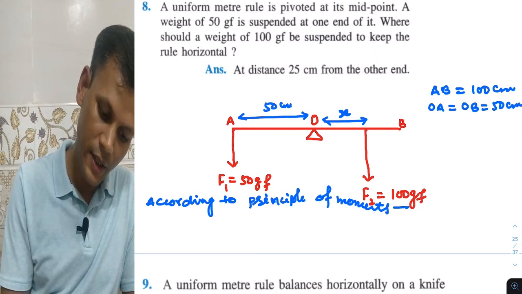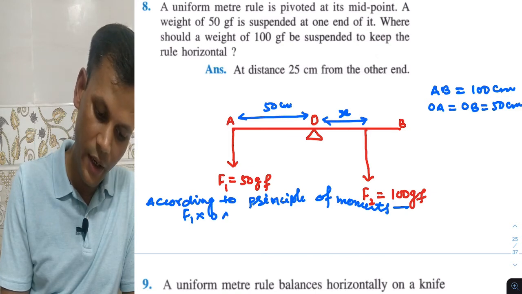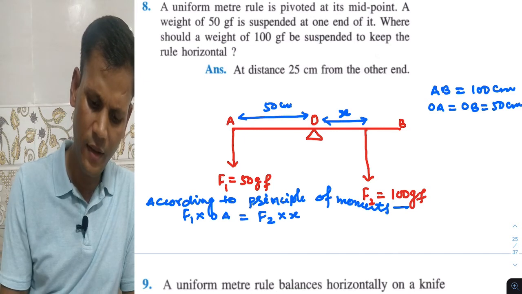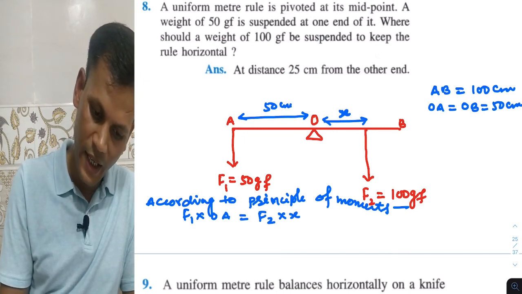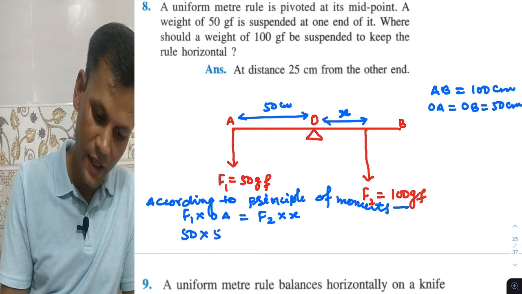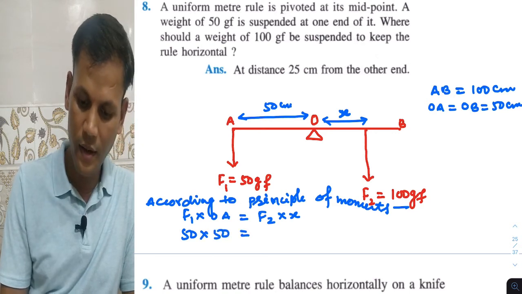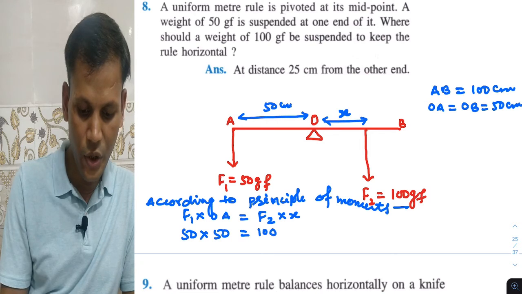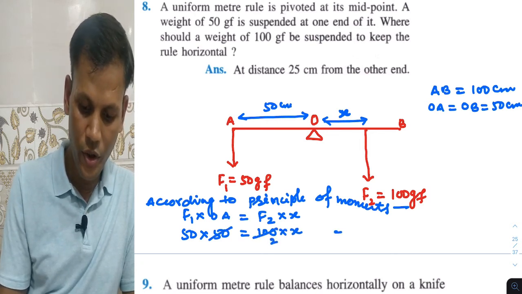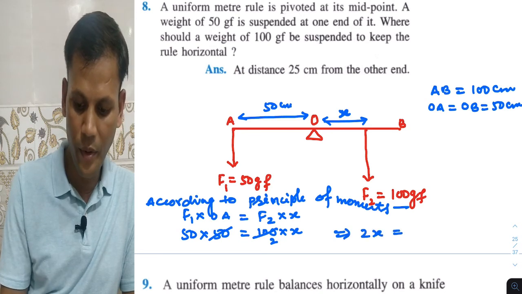So I will write F1 into OA is equal to F2 into x. So we can write F1 as 50 into 50 is equal to F2, which is 100, into x. So 50 twos are 100. So you will get 2x is equal to 50.